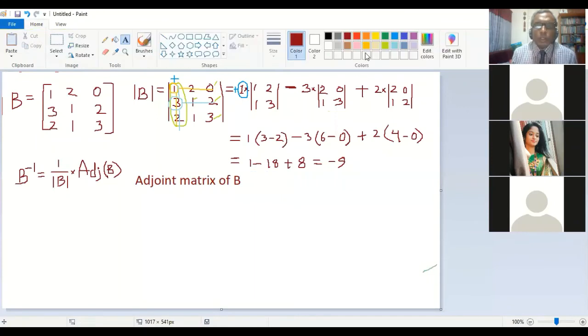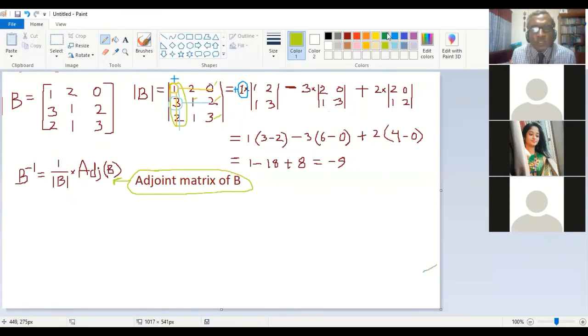Now for a 2 by 2 matrix, the adjoint matrix was very simple. It's the major diagonal. That was very simple because it was small. But if it is big, then the adjoint matrix is not so simple. So what do we need to do now?